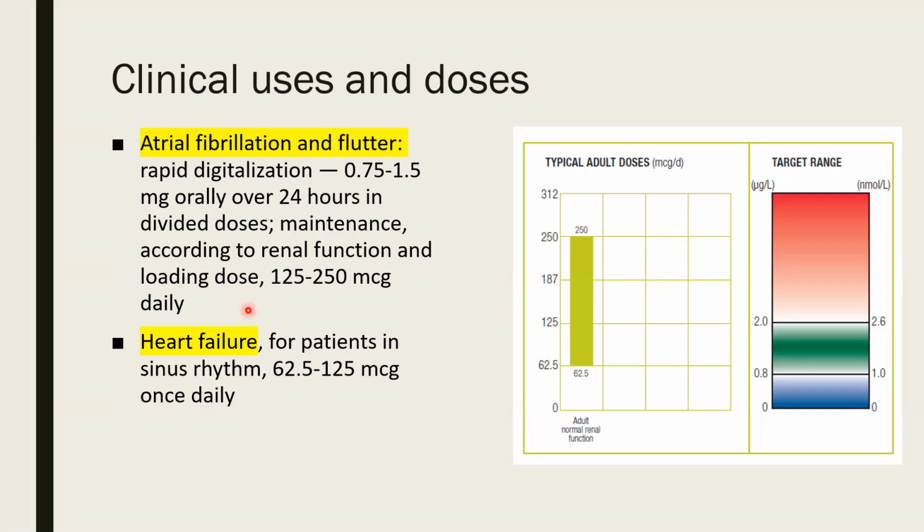Do you know what is the first line for atrial fibrillation, to slow down the ventricular rate? What will be the first choice?